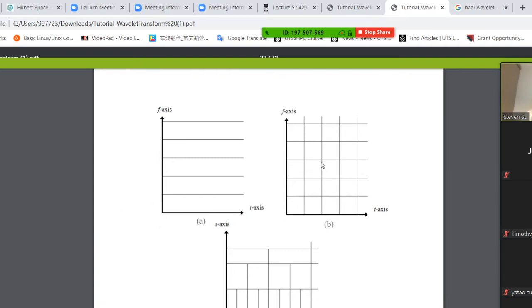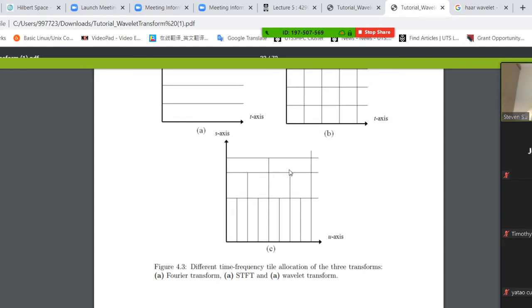For the short-term Fourier transform, you can have different time information, but you cannot change the scale. But for the wavelet, you can change both: you have a time indication, and also what they call scale, not frequency. Scale is opposite to frequency.